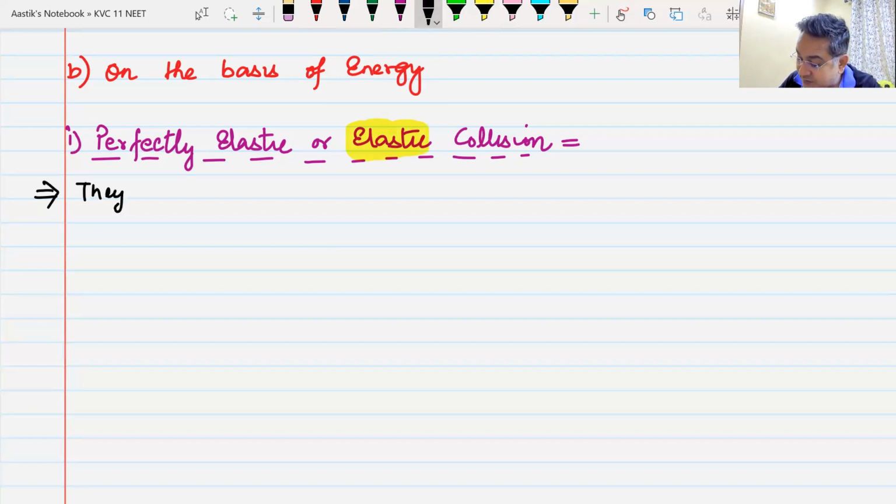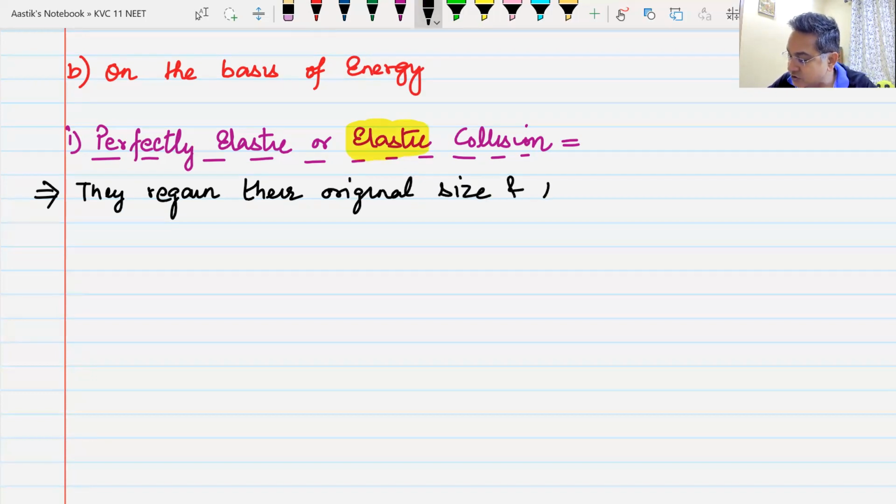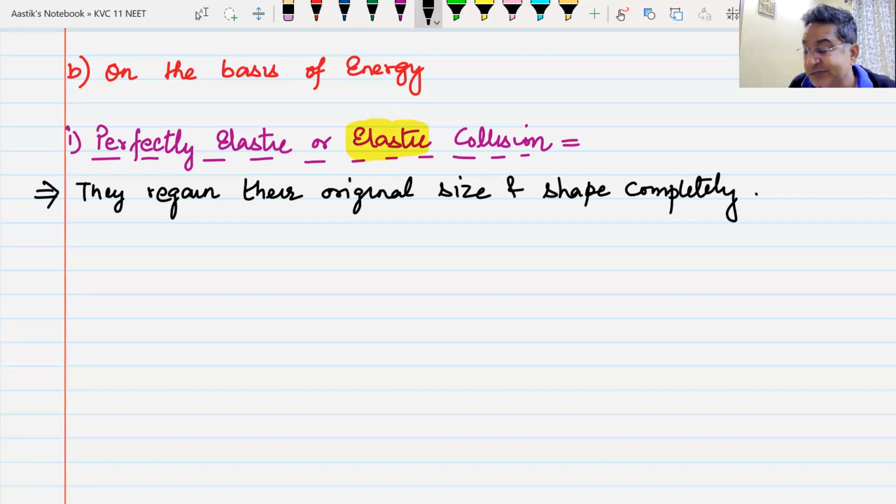The particles regain their original size and shape completely after collision. During collision, there are some deformations in the body, and therefore, if a collision is perfectly elastic, the bodies will regain their shape completely.